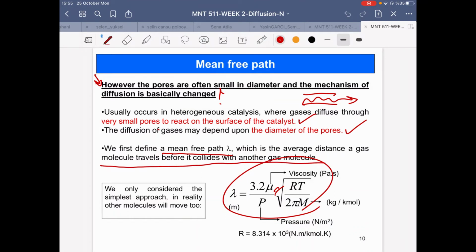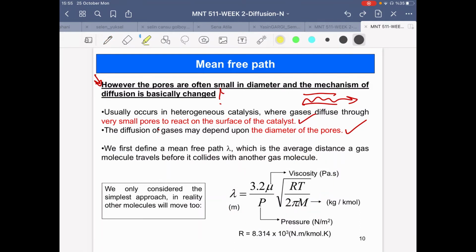Okay, so this definition here is important. I'm going to try to highlight this: the average distance a gas molecule travels before it collides with another gas molecule. We only consider here the simplest approach.